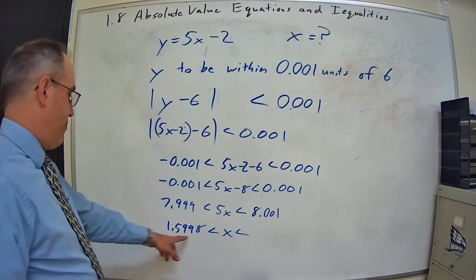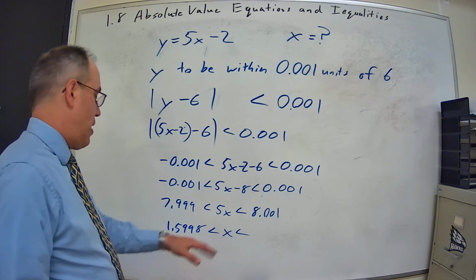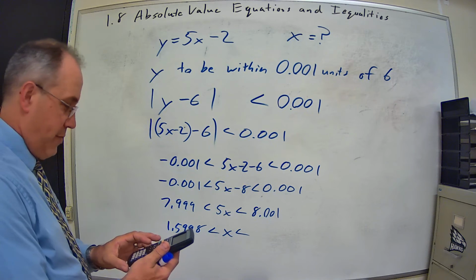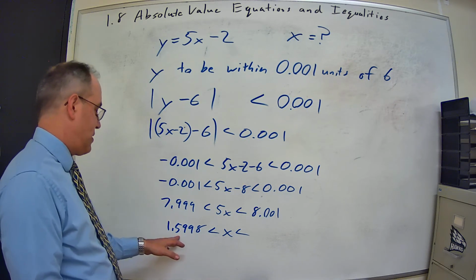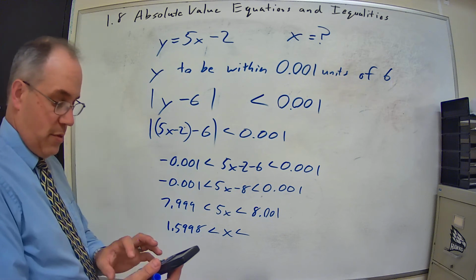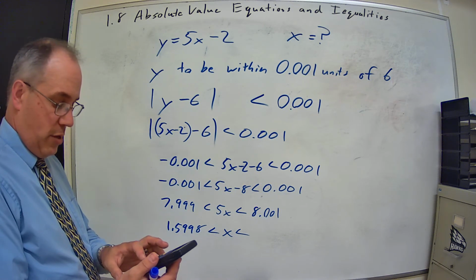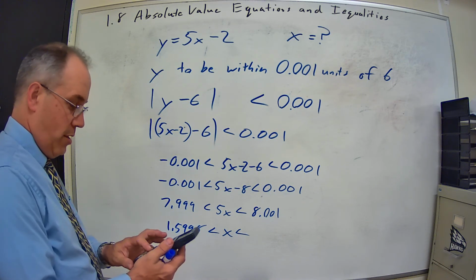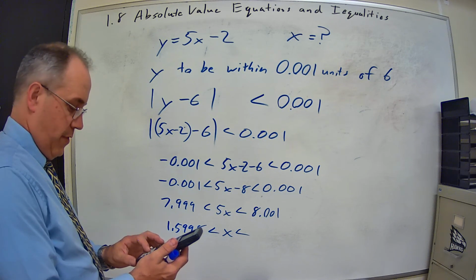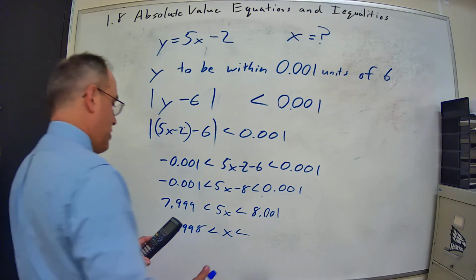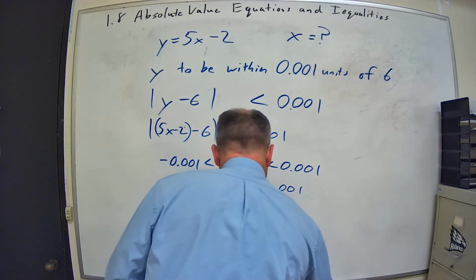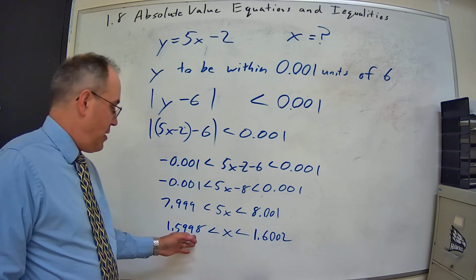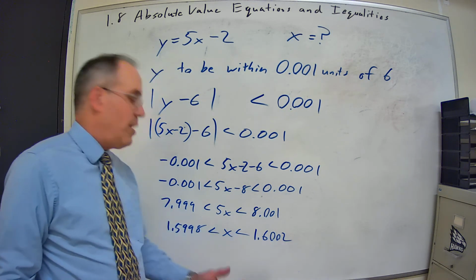Now looking at that, we could take an estimate and say it's going to be on the other side, but let's do this. 8.001 divided by 5 equals 1.6002. So x from 1.5998 to 1.6002 exclusive.